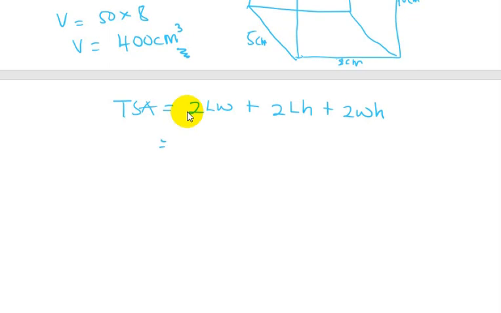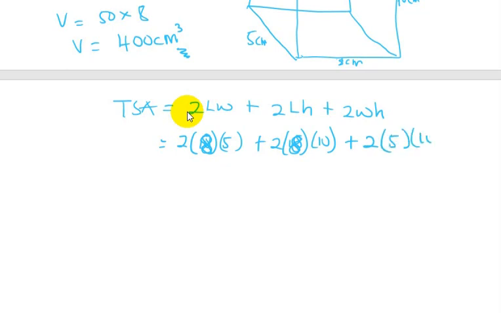So we are going to get 2 bracket, the length is 10 and the width is 5, then plus another 2, the length is 8 and the height is 10. Then we are going to get 2 again, the width is 5 and the height is 10. Okay, so we'll multiply.